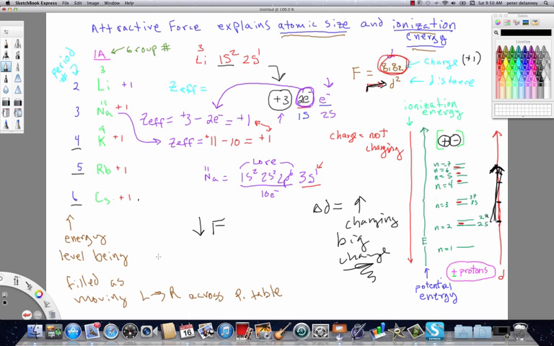So this explains the fact that atomic size is increasing down any group, and ionization energy is decreasing. Ionization energy is decreasing as we go down any group because the distance factor has increased so substantially, and these electrons that are located further away are easier to remove.